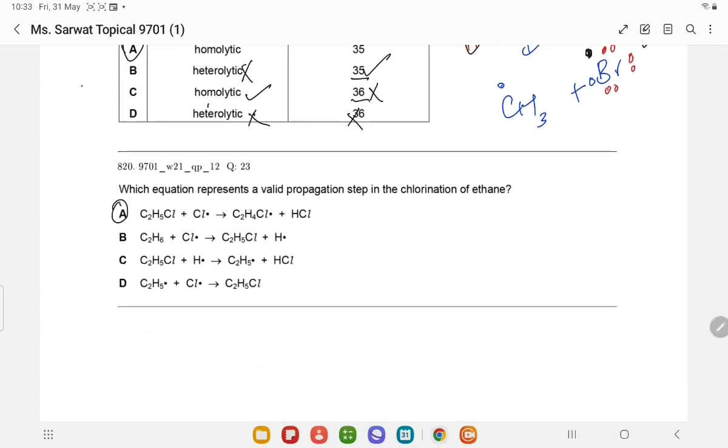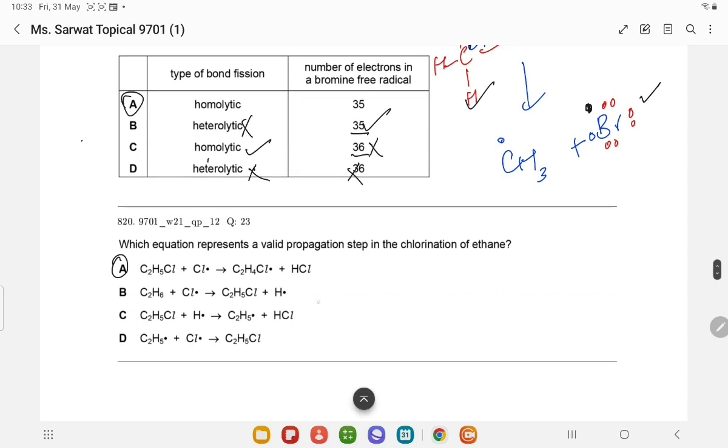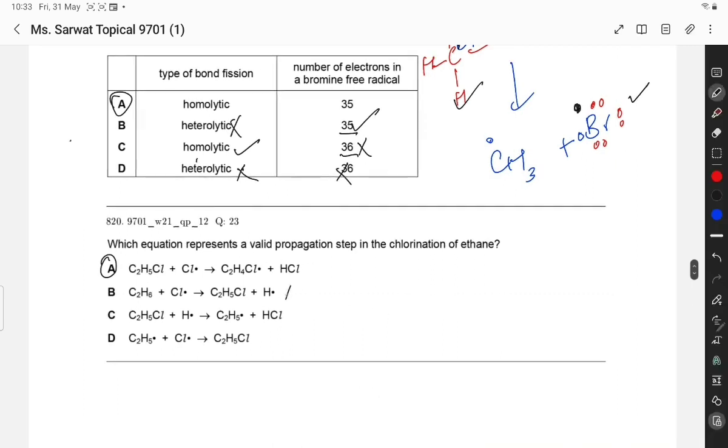In this question, which equation represents a valid propagation step in the chlorination of ethane? So this is the valid propagation step in chlorination of ethane because over here hydrogen becomes the free radical, which is not in the free radical substitution reaction, and this is also incorrect, since hydrogen radical is not formed in the propagation step.